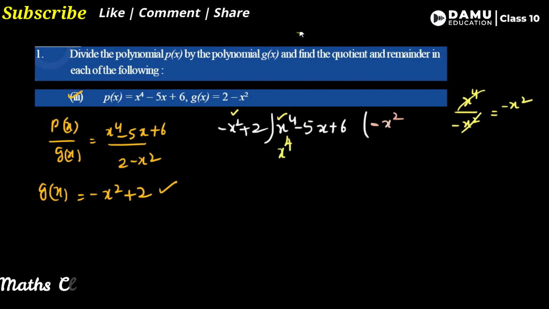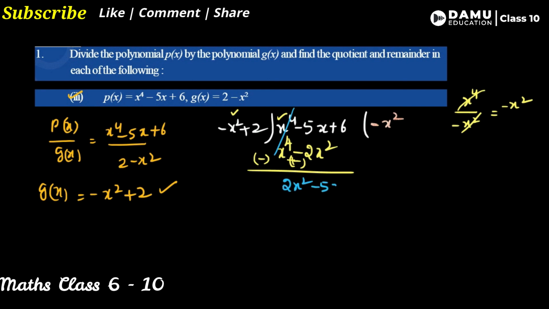Then minus into 2, that is minus 2x square. Divided by, the symbols will change for this. So plus x power 4 and minus x power 4 will cancel. Now we will write 2x square minus 5x. This 6 will be getting down. So plus 6.